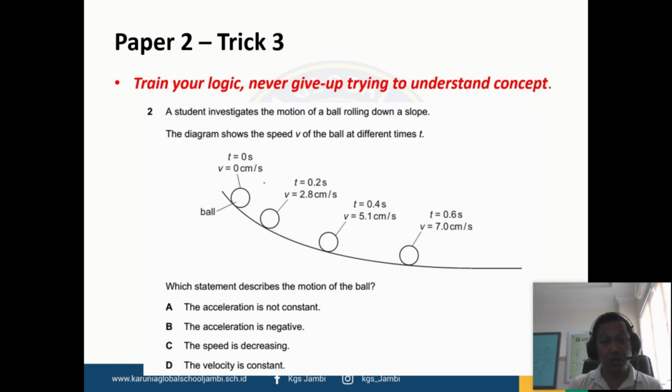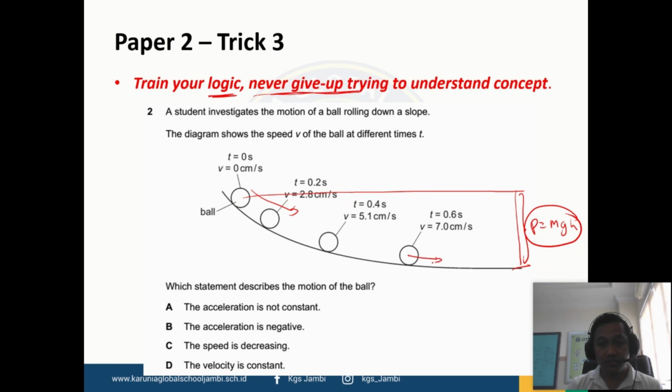Also, although not everyone loves logic, you must never give up trying to understand every concept. Look at this. This is moving forward, but this concept is actually related to potential energy, guys. mgh.